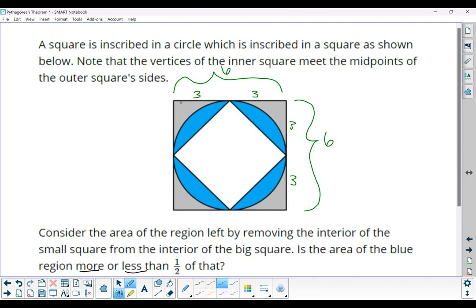So what we have is 4 triangles. And those triangles, because this is a 90-degree angle right here, because it's a square, each have a base of 3 and a height of 3.